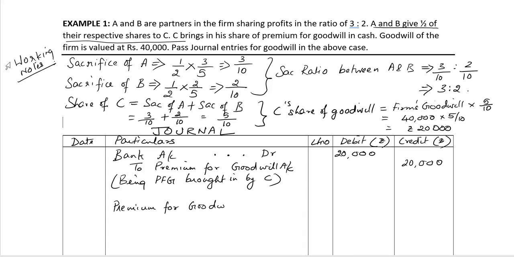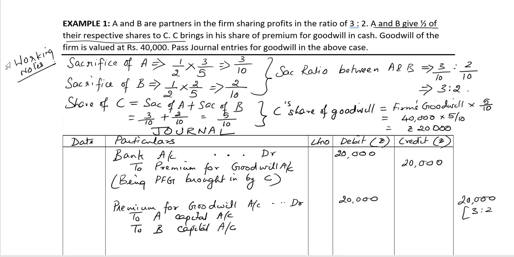So we have premium for goodwill account debit 20,000 rupees to A capital, we'll assume the fluctuating capital method, to B's capital account. 20,000 rupees in the sacrificing ratio, which is 3:2. Comes up to rupees 12,000 for A and 8,000 for B.